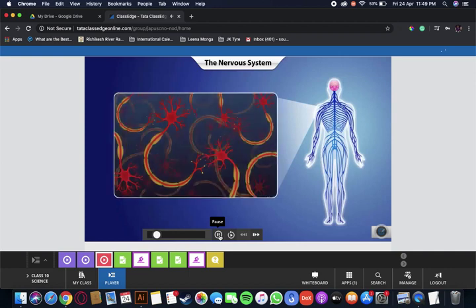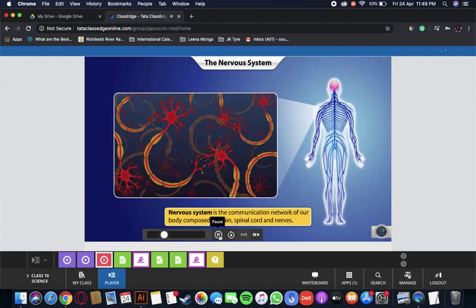In our body, the nervous system serves as a communication network that carries information or messages to and from different parts of the body. The nervous system is composed of brain, nerves, and spinal cord.